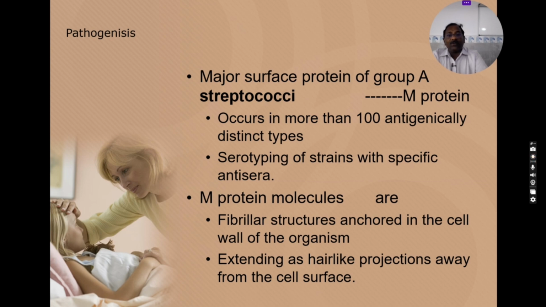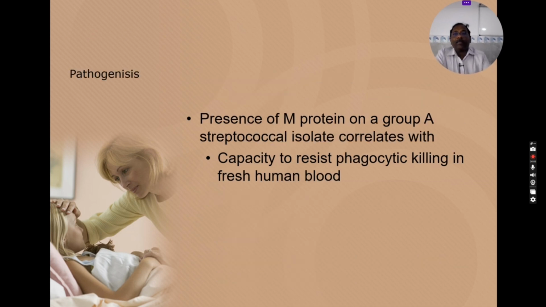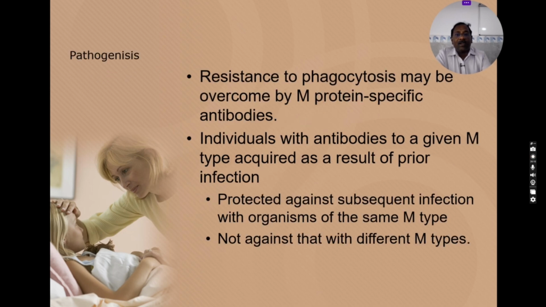M protein molecules are fibrillar structures anchored in the cell wall of the organism, extending as hair-like projections away from the cell surface. The M protein of a group A Streptococci isolate correlates with the capacity to resist phagocytic killing in fresh human blood.